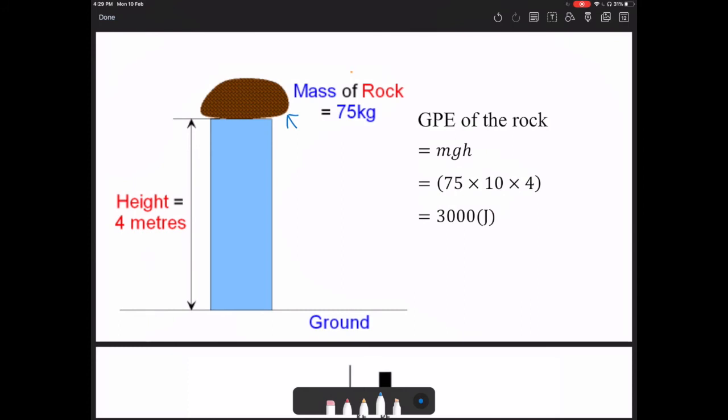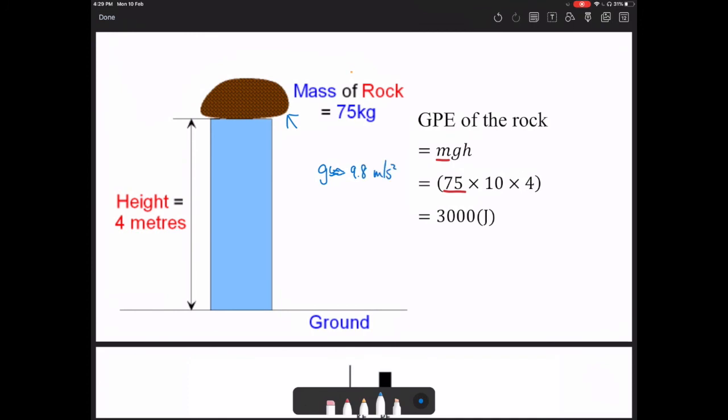So what is the mass of the rock? The mass of the rock is 75 kilograms. So m is equal to 75. How about small g? Do you still remember what small g is? Small g is approximately equal to 9.8 meters per second squared.